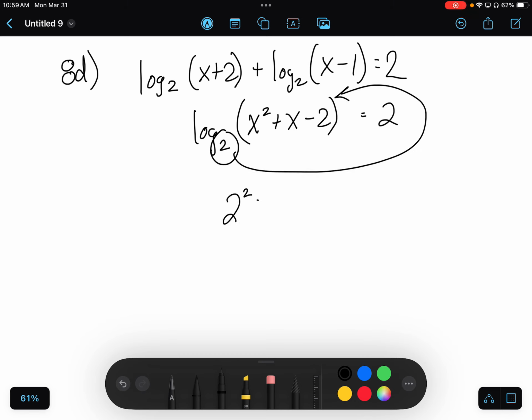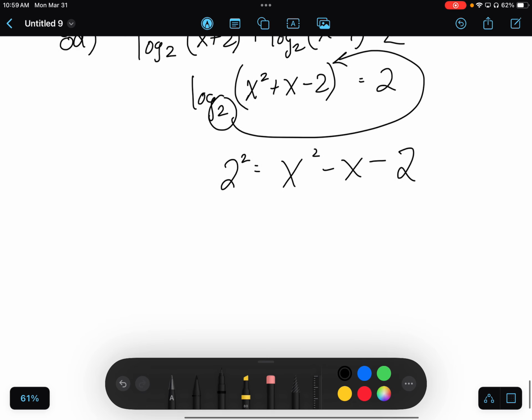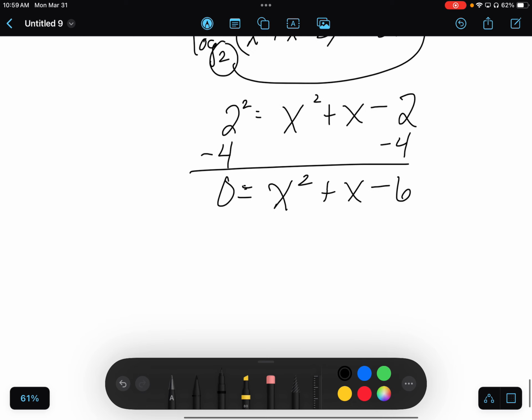So 2 to the second equals that. What's 2 to the second? So if I subtract 4 from both sides, I end up with 0 equals x squared plus x minus 6.